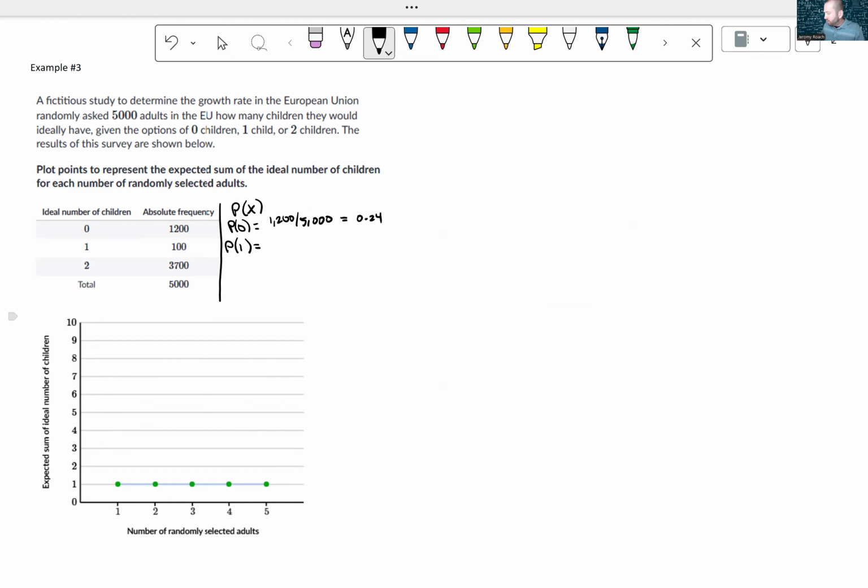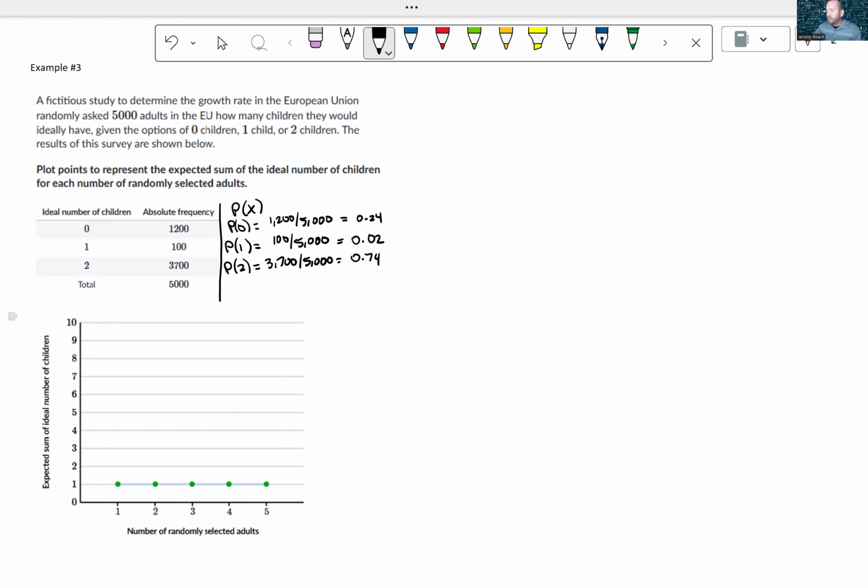The probability of somebody wanting 1 child is 100 over 5,000, which is 2% or 0.02. And the probability of somebody wanting 2 children is 3,700 over 5,000 or 0.74. And you can do the complement rule on the last one if you want to.